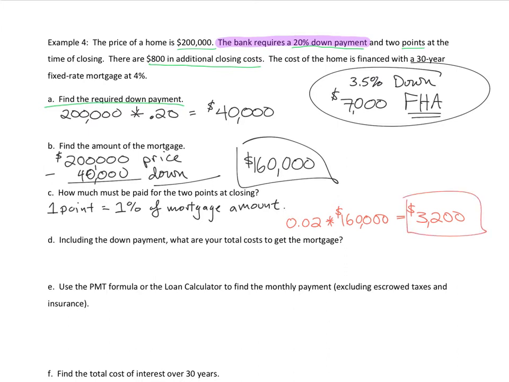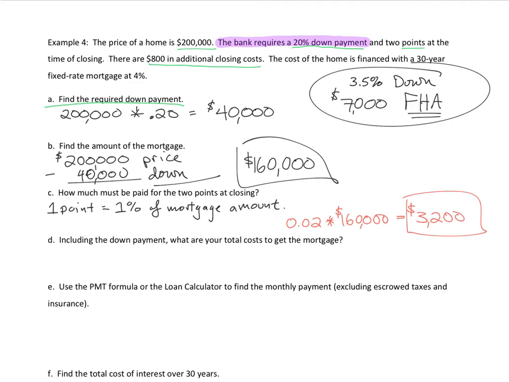Okay, so the next question is, let me circle that. There we go. The next question is, including the down payment, what are your total costs to get the mortgage? Well, we have the down payment that we figured out way back here, $40,000. We have the points that we are going to pay for our mortgage, $3,200. And way back here, this sentence that I read and have not come back to yet, there are $800 in additional closing costs. So that counts too.